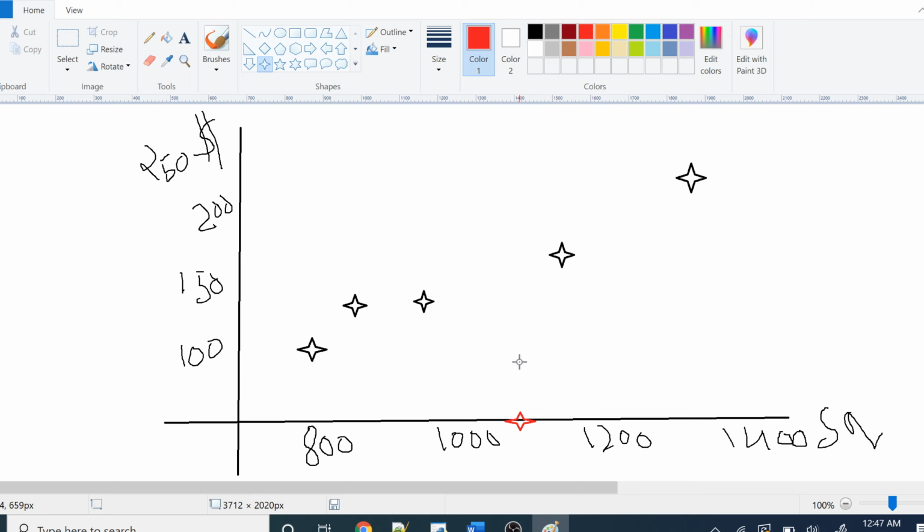Considering our historical data, there are only 5 people living in this area with so and so square feet of houses. If this new person who wants a house of 1100 square feet individually goes and talks to each and every person to get predictions, maybe all these 5 people might give a prediction somewhere close to 150k as the price of the house.